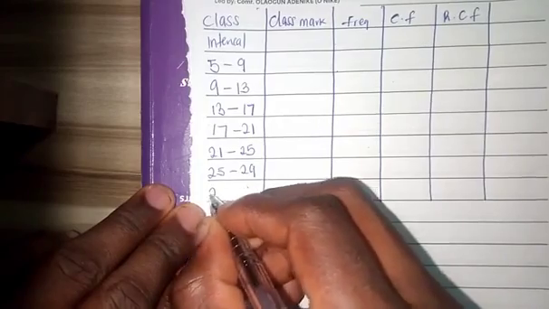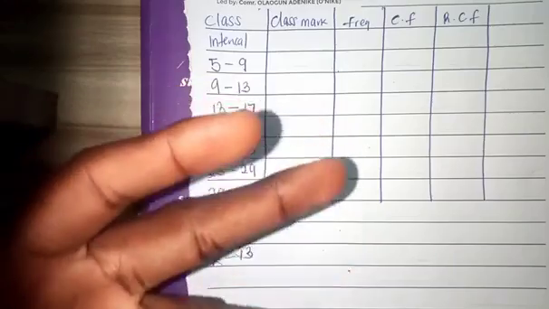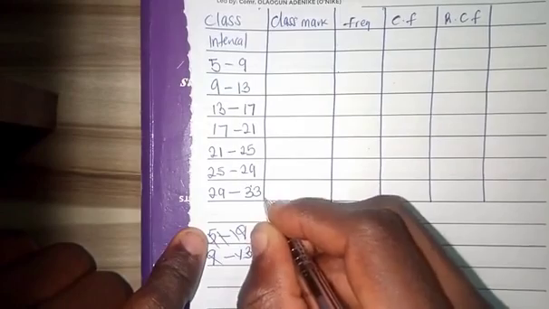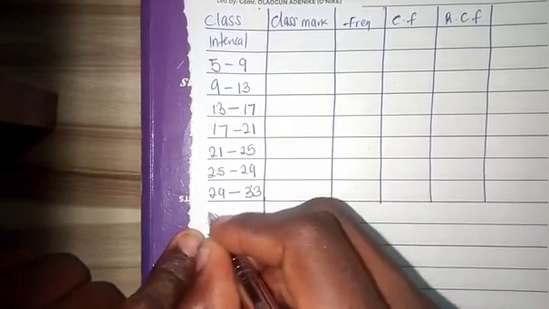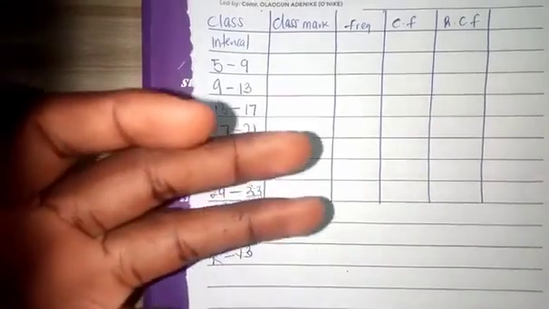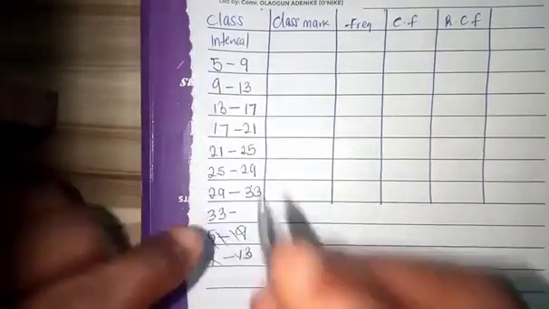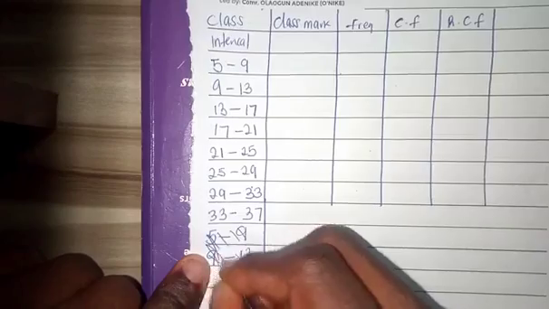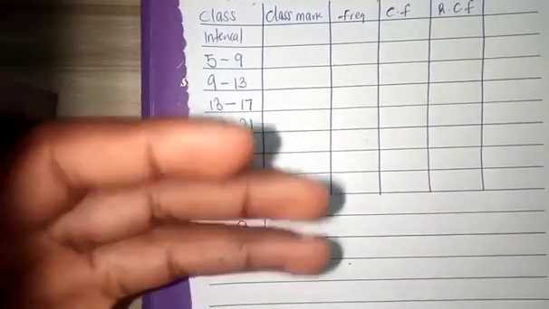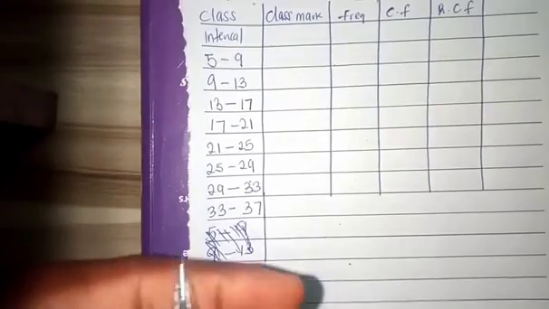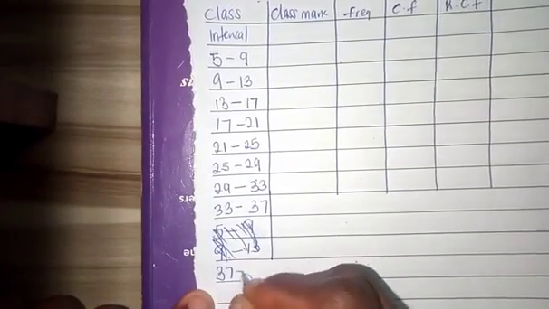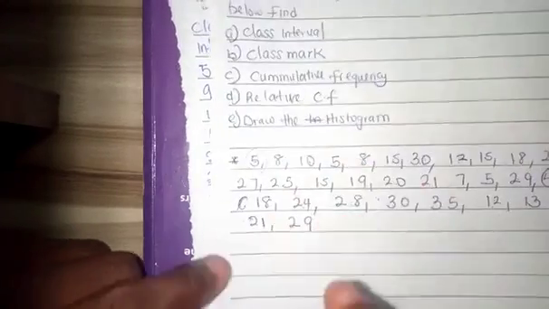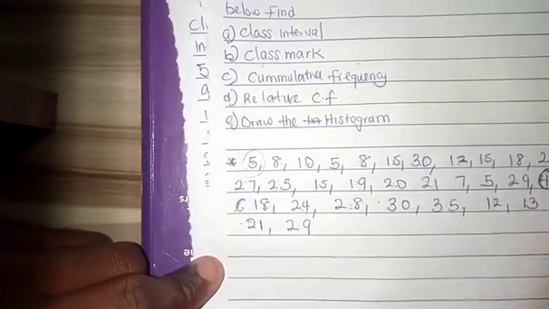Then we have 29, 30, 31, 32, 33. We are still continuing: 33, 34, 35, 36, 37. Then 37, 38, 39, 40, 41, so 37 to 41. You can see that we have the last number already, which is 40.